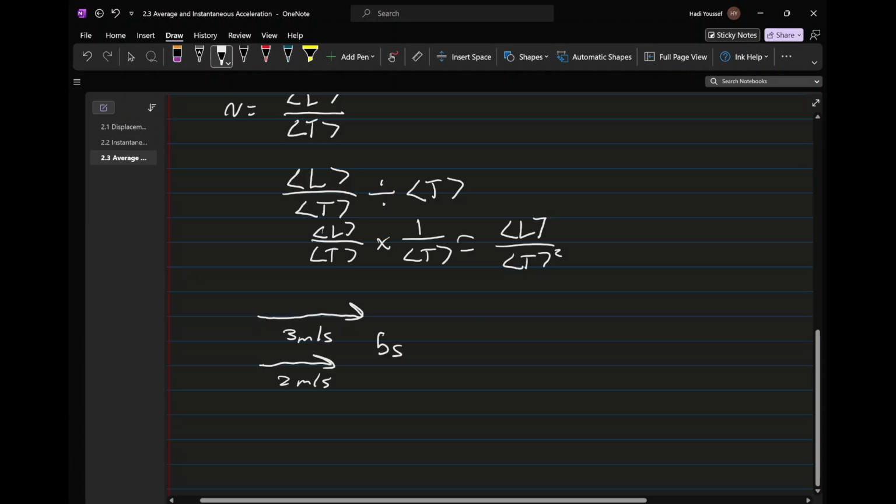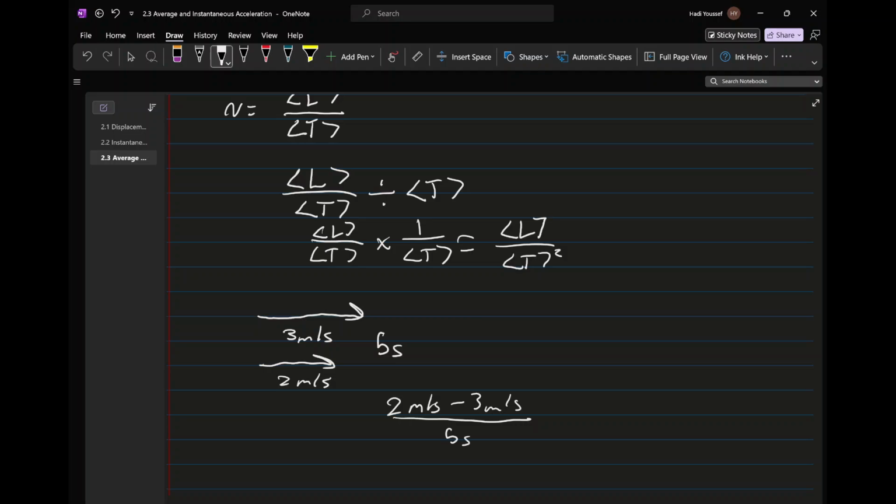I would end up having an acceleration over those 5 seconds of 2 meters per second minus 3 meters per second over 5 seconds, which would give me a negative 1 over 5 meters per second squared acceleration. Now then, here the acceleration is negative. However, the 2 is greater than 0 and 3 is greater than 0. Therefore, we can say that the velocity at both points is positive.